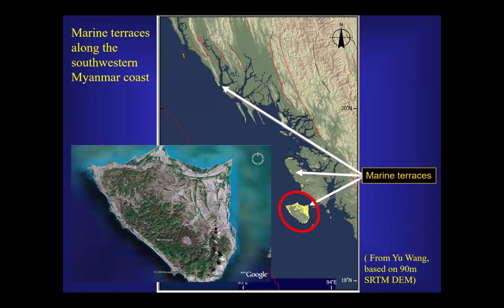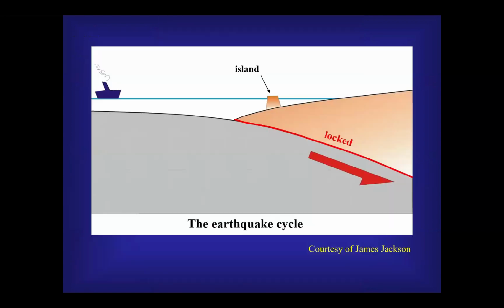Because remember, we are talking about the subduction zone earthquake along the Arakan Trench, right? So I borrowed some PowerPoint slides from James Jackson. Let's take a look at a normal subduction zone situation. In an earthquake cycle, in the interseismic period, you can see that we have a trench, and the megathrust interface is locked.